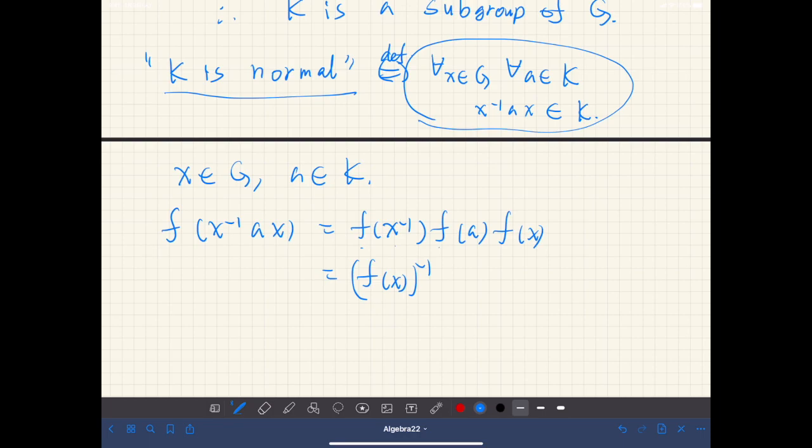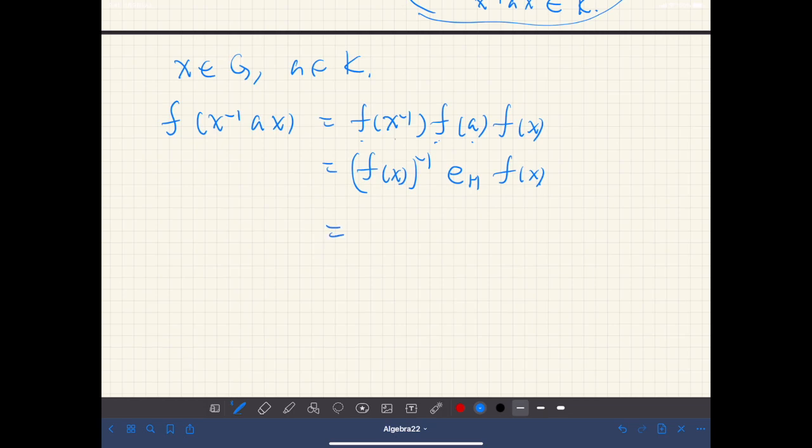And f(a), since a belongs to K, is the identity element of H. And so this is just the identity.